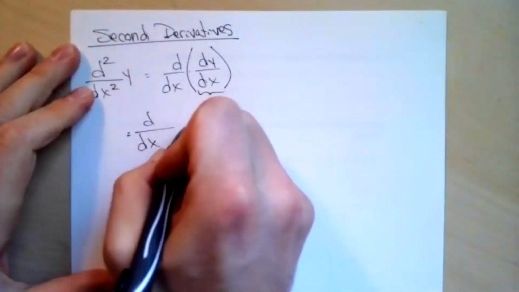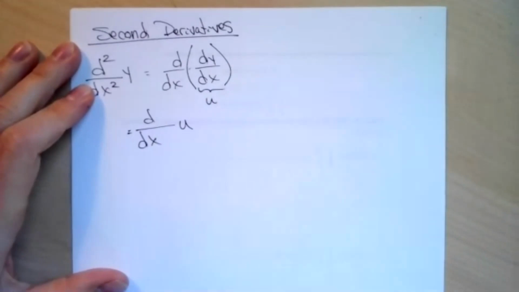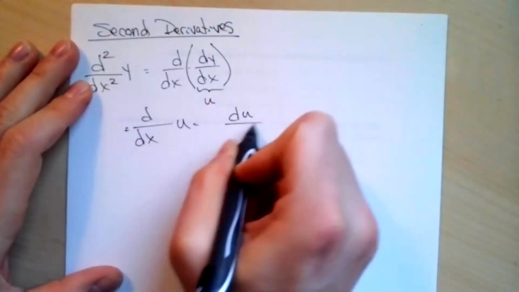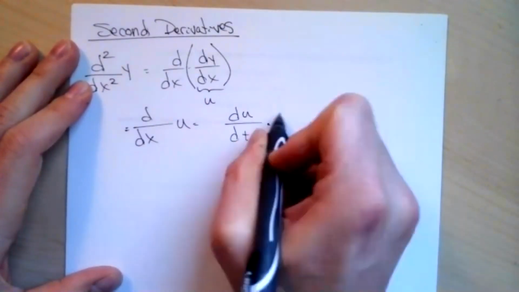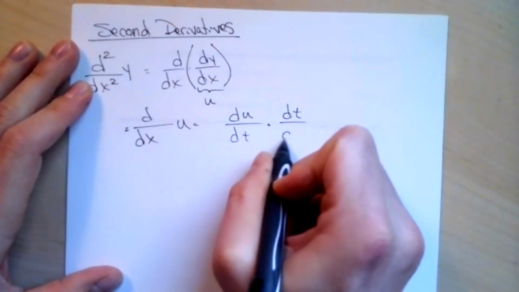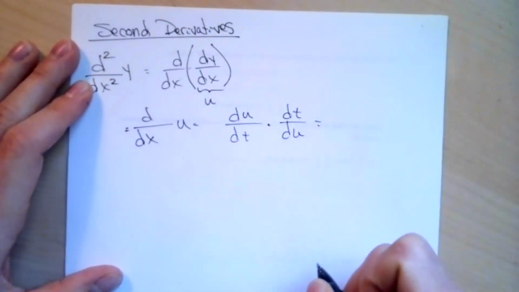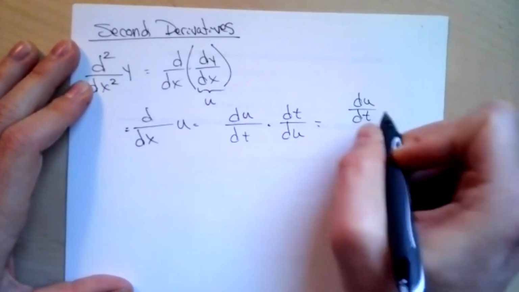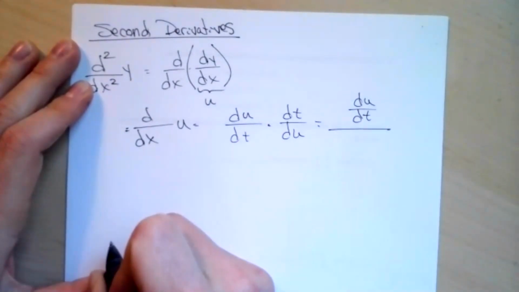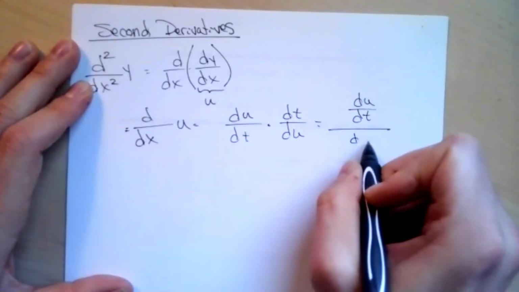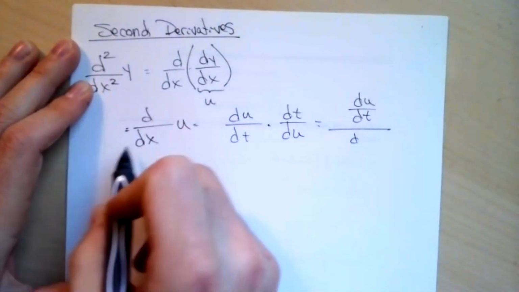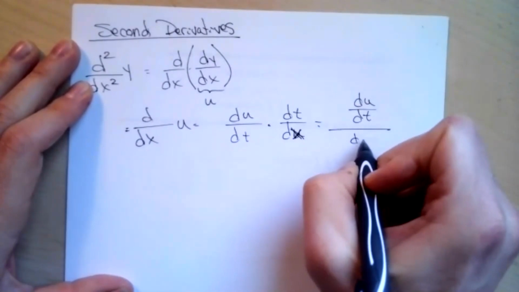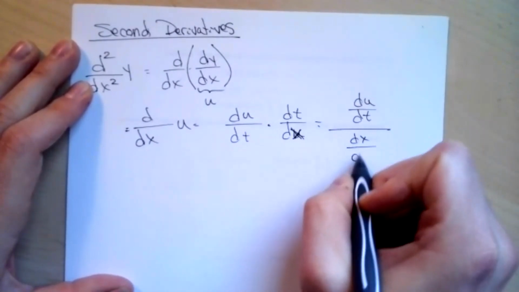So of course, if we called that u, d/dx of u is going to be du/dt times dt/dx, which we also described as du/dt over dx/dt.